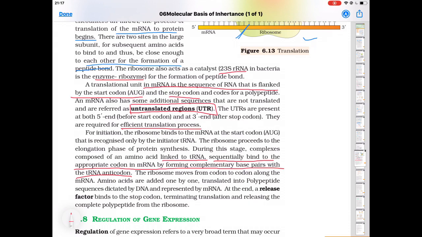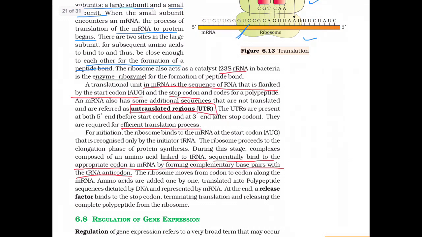Then the tRNA reads the code on the mRNA and brings accordingly the amino acid. The tRNA then attaches to the A site. Then it goes to the P site because bond formation occurs. So at the P site, polypeptide is formed, and after that tRNA separates and polypeptide separates.